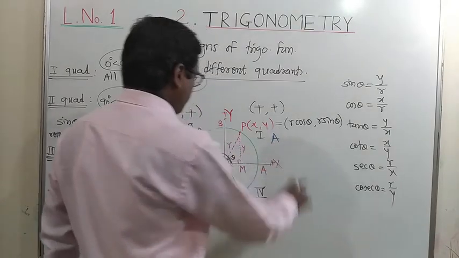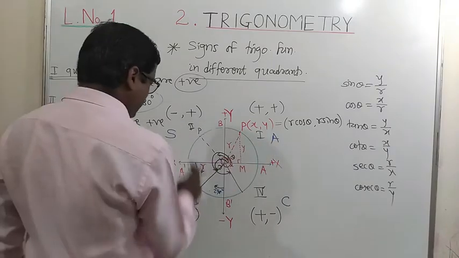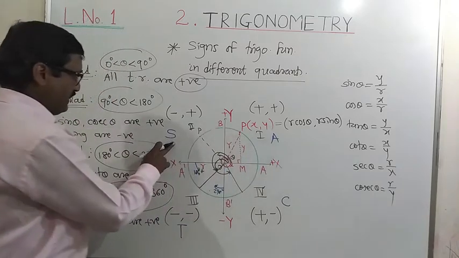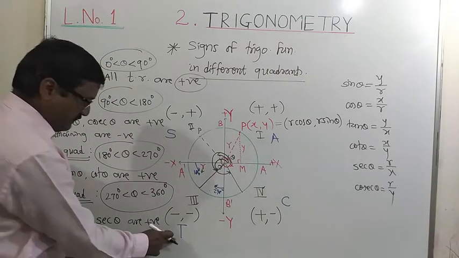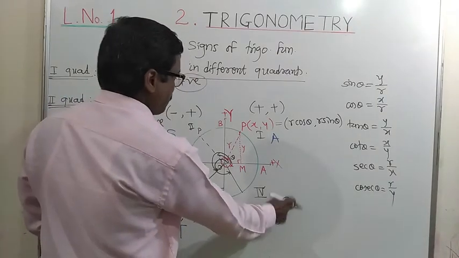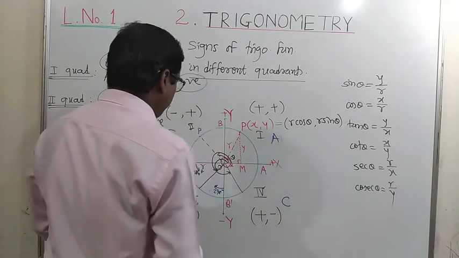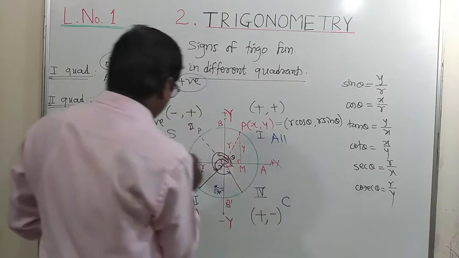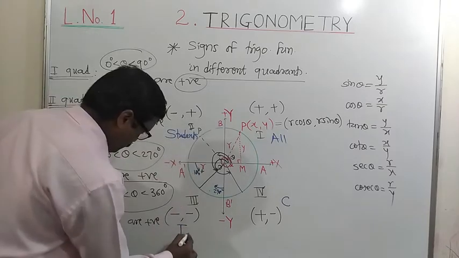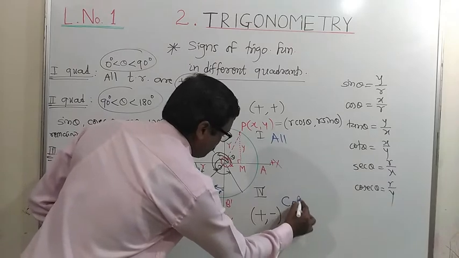So if you take the initial letters, then you will remember ASTC. A means all, here sine and cosec, here tangent and cotangent means tan and cot, here cos and sec. In other words, you can remember this as: all students take coffee.